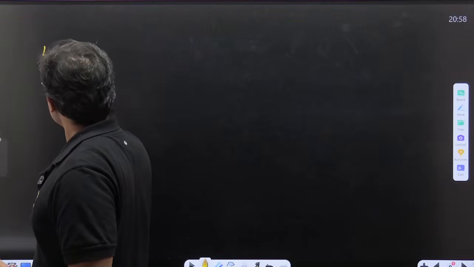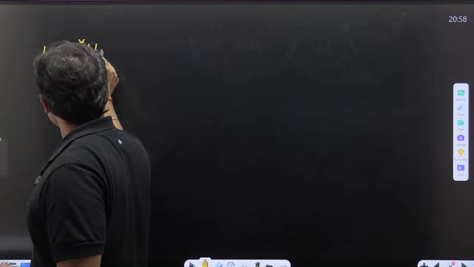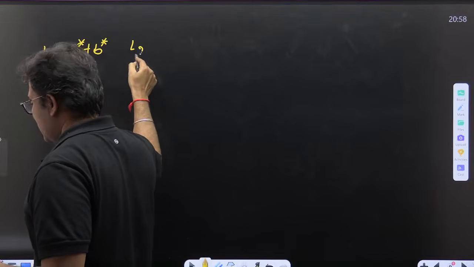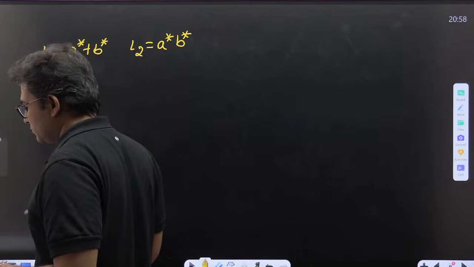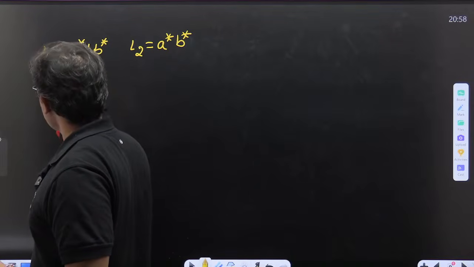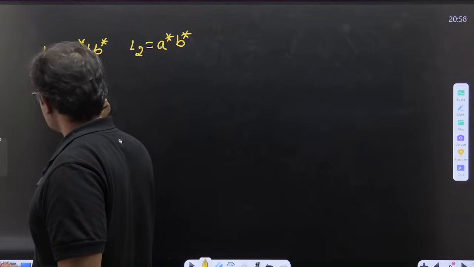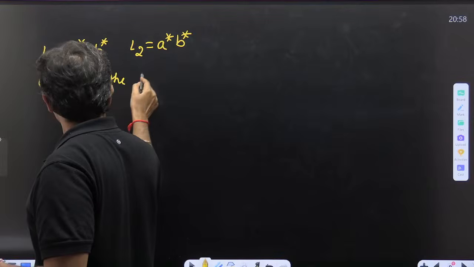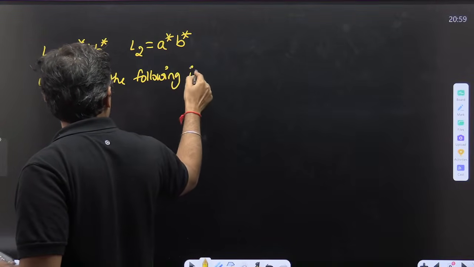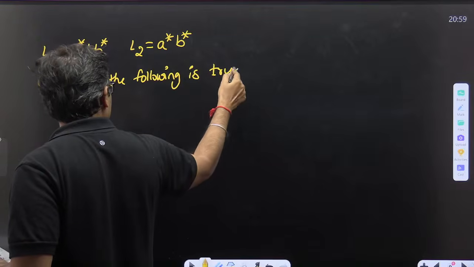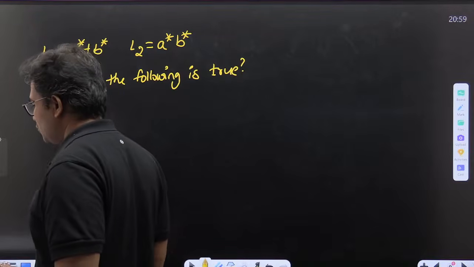Now answer this. L1 equal to A star plus B star, L2 equal to A star B star, right? Which of the following is true?